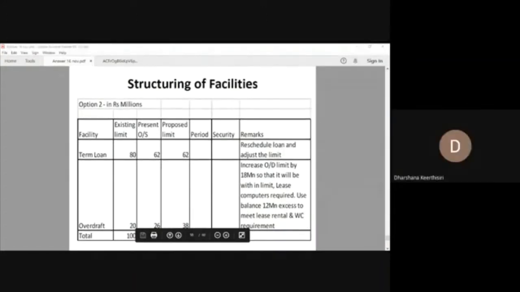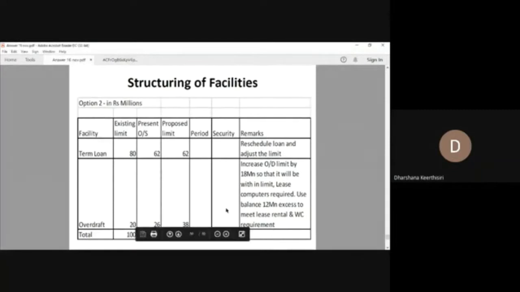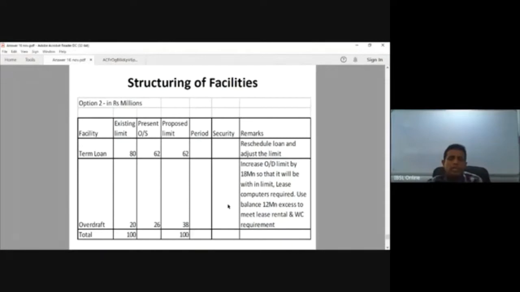So when we consider the second option, enhancing the OD limit, why are we not keeping the OD limit at 20 million and proposing an additional term loan of 18 million? Yes, you can use that also. Now, there is no hard and fast rule when you are proposing limits, right? That is also a good option. You can use that as a third option also.